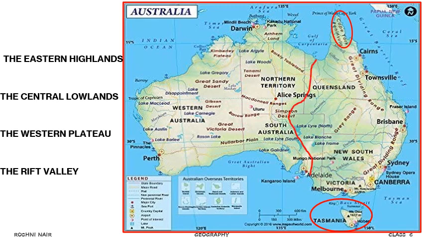Let me divide that to show, yes. Now on the western part of this division, you can see Western Australia is mentioned on the left hand side. So the western part of this division is the western half of Australia, and that western half also consists of the Western Plateau.